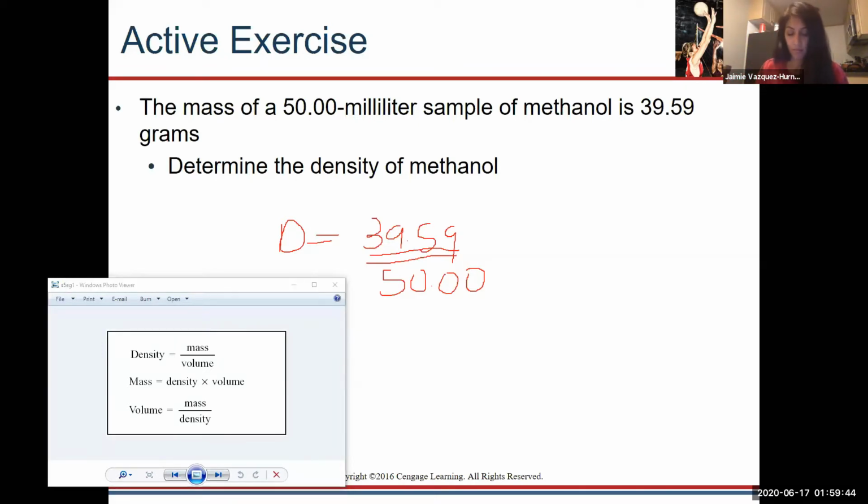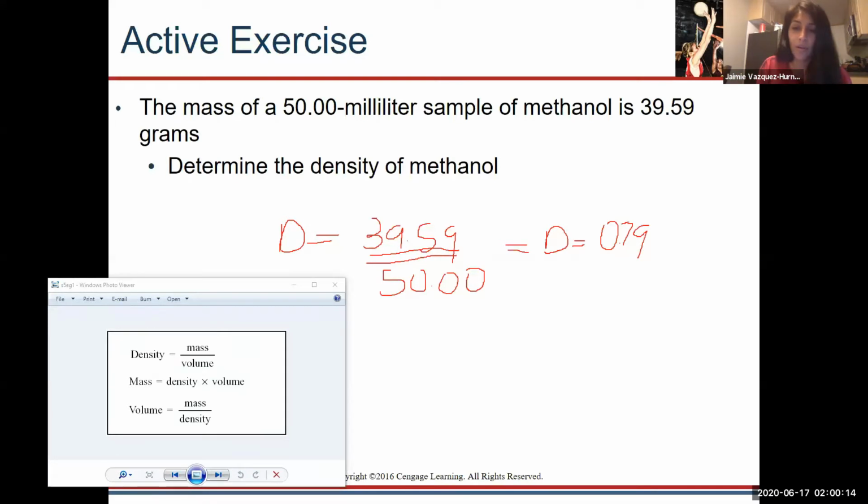Okay, and then we divide that. So our density equals D... 0.79, right?